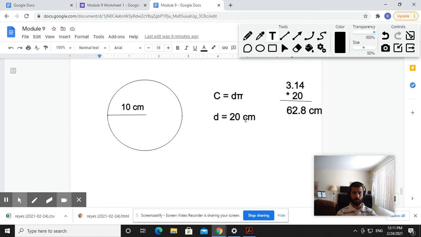And 20 times 3 would have been 60, and that's a little bit more than that, so that seems about right to me. And again, if you struggle to multiply decimals, check out the video on that.